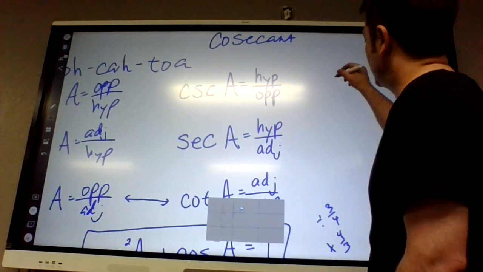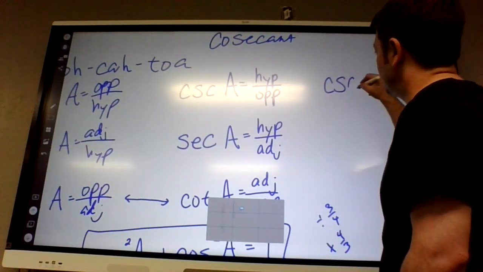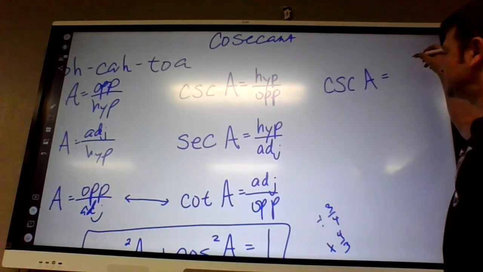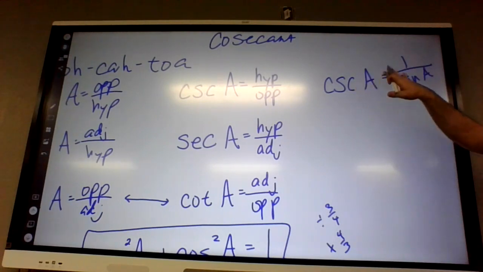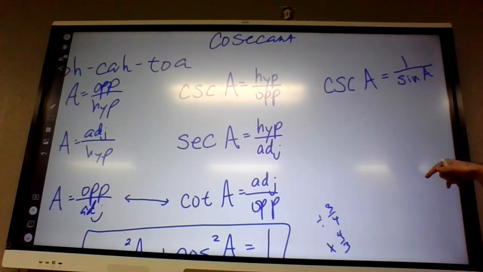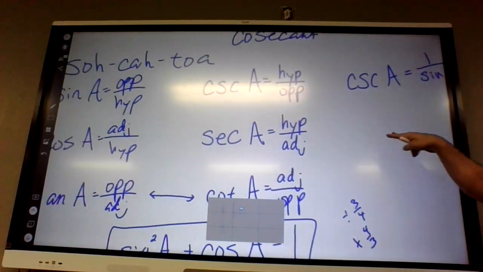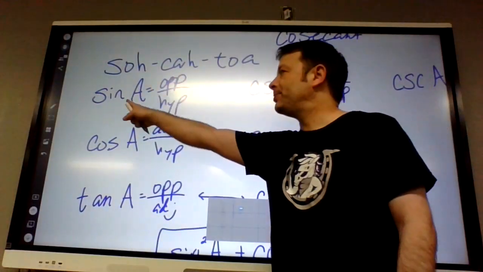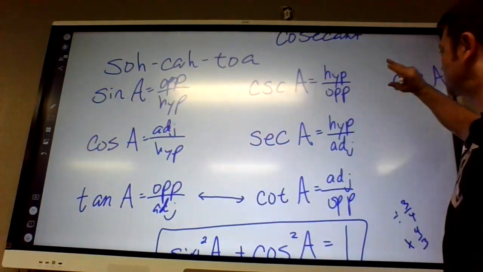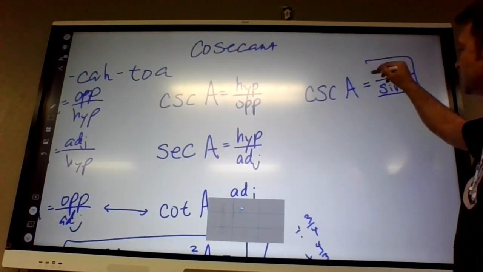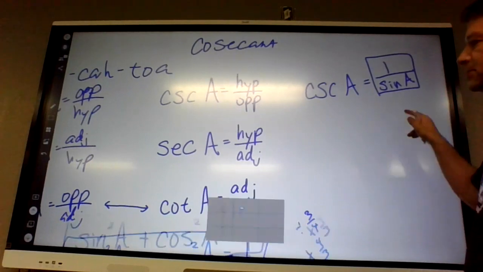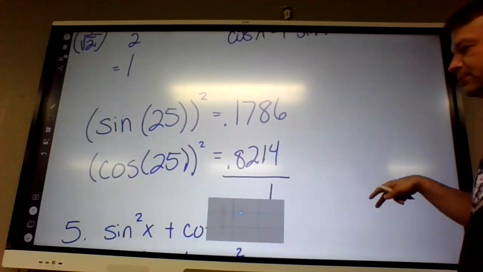You remember what I had, I erased it. Do you remember what I had written over here? Remember me writing this? Cosecant is like sine upside down. Yeah, because these two go together. They're reciprocals of each other. So this is like 6a as an example.